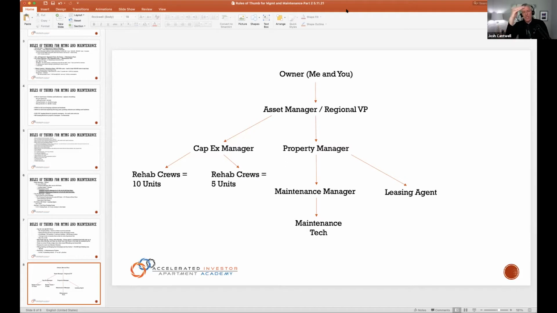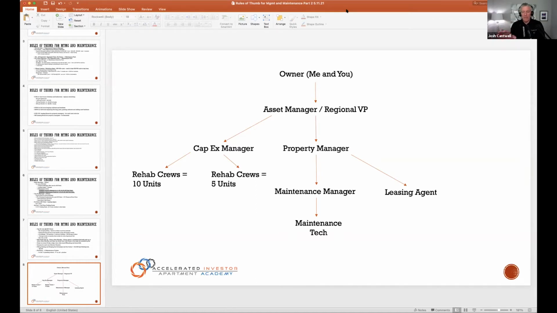But underneath you as the owner operator, when you work with third-party management, you essentially have an asset manager or a regional vice president, a regional manager. Below you is this asset manager or regional manager. If you work with a large third-party management company, they're going to have a regional or an asset manager that maybe lives in your market.